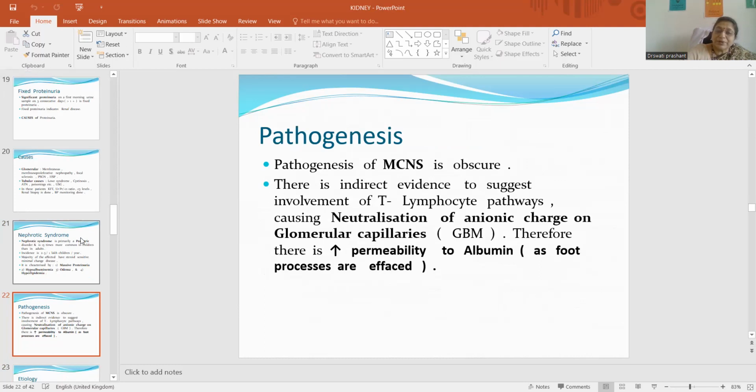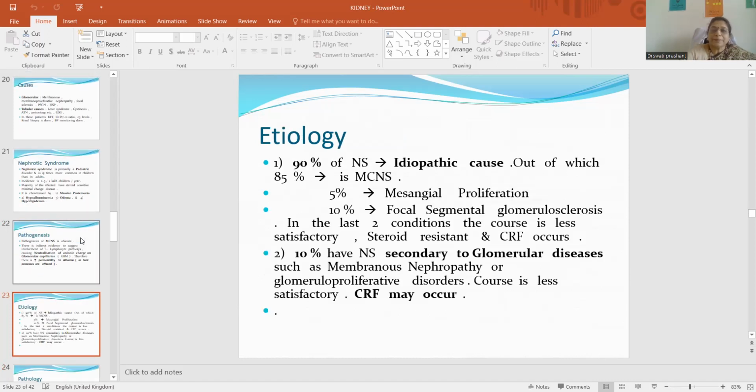Therefore, there is an increase in permeability to albumin, and because of these pathological changes, the foot processes get effaced. 90% of nephrotic syndrome is idiopathic. There is no cause. Out of these 90%, 85% are minimal change nephrotic syndrome.